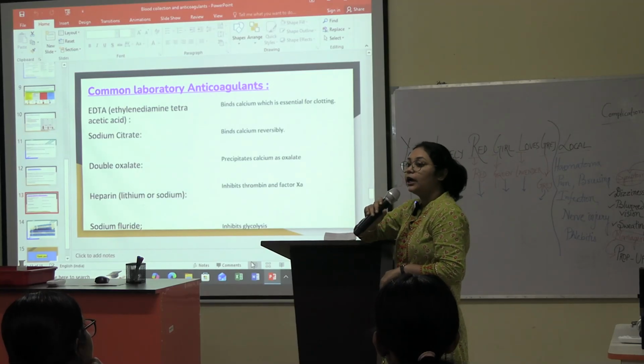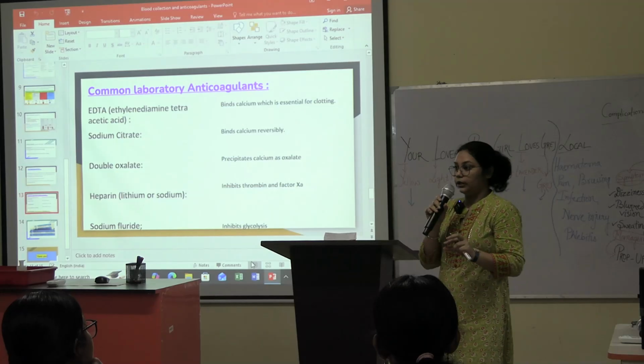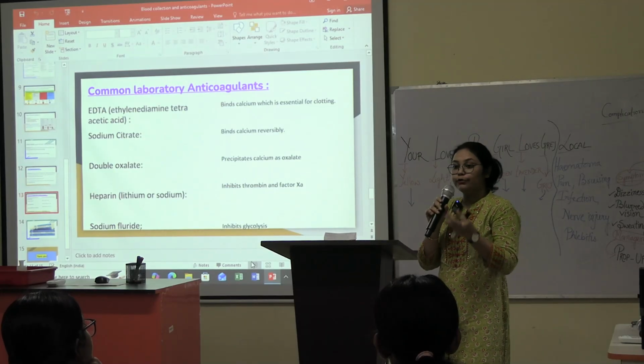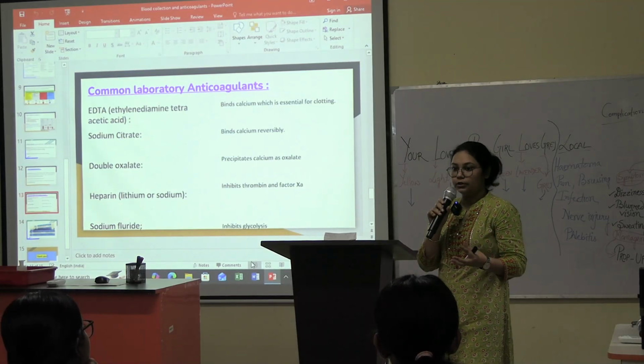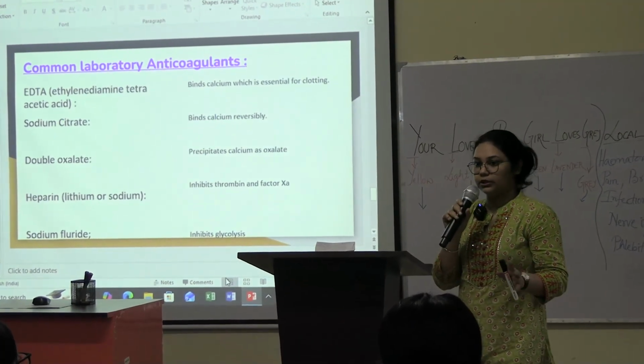Thrombin converts this fibrinogen into fibrin, and this fibrin forms the structural basis of a clot.